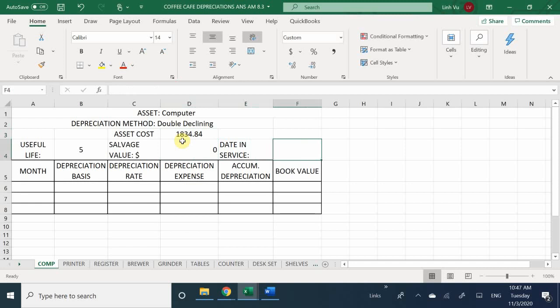Right, and of course we placed it into service on June 5th. Obviously you have to set it up. Okay. So with the date of June 5th, what can we assume? We need to depreciate it for the month of June. Okay. So what's my depreciation basis going to be this time? Okay, and how did you come up with that?